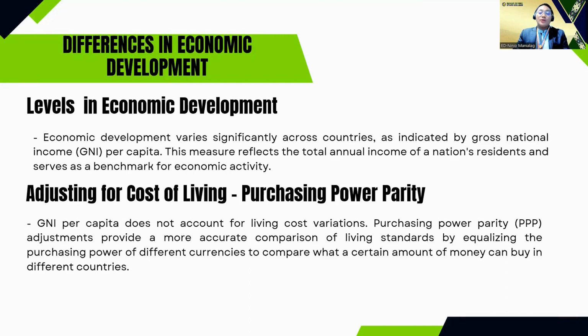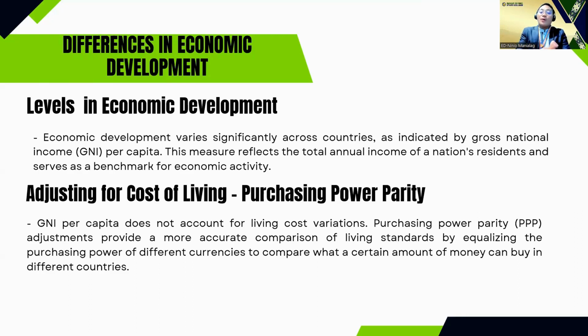Purchasing power parity, or PPP, adjustment provides a more accurate comparison of living standards by equalizing the purchasing power of different currencies to compare what a certain amount of money can buy in different countries. So say, for example, despite China's lower GNI per capita compared to the United States, its PPP adjustment indicates that Chinese citizens can afford a similar amount of goods and services as Americans relative to the cost of living.